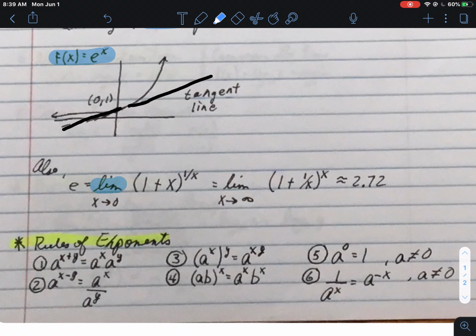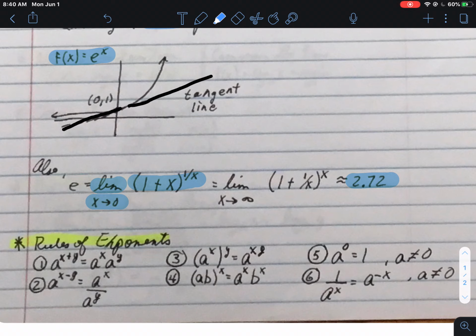But the main idea behind a limit is, here I'm looking at the limit as x approaches 0. In other words, I'm looking at values of x that are getting closer and closer to 0. And if you take this expression, (1 plus x) raised to the 1 over x, and you plug in values for x that are getting closer and closer to 0, you will see outputs that are getting closer and closer to approximately 2.72.